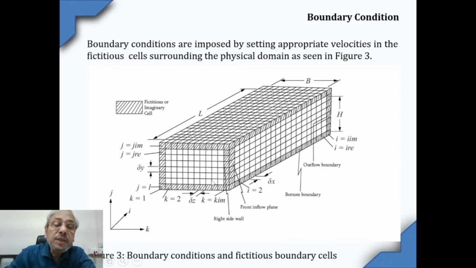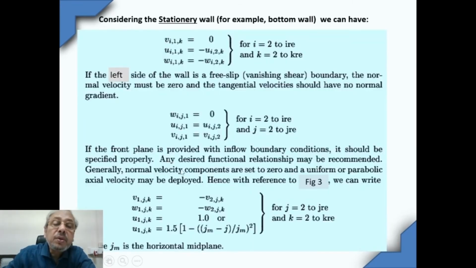So the normal to this plane is basically the w component of velocity. We can directly set those velocities to 0, but we have to interpolate u and v components in such a way that physically this plane becomes a free slip plane, which is describable by del u del z and del v del z equal to 0. So del u del z, del v del z equal to 0.